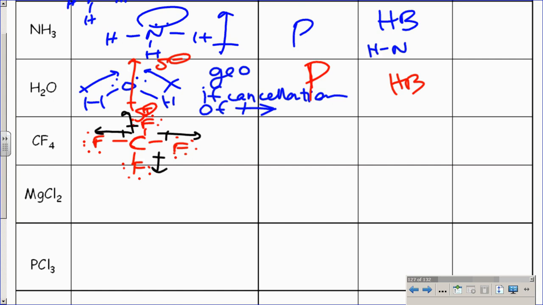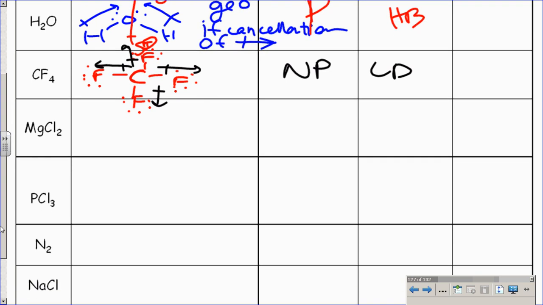Now, I know they're not exactly anti-parallel to each other, because tetrahedral can't do that. But if they're pulling equally in all directions in the same bond, you better believe it's nonpolar. All right, so IMF? Let's finish this real fast. London dispersion.